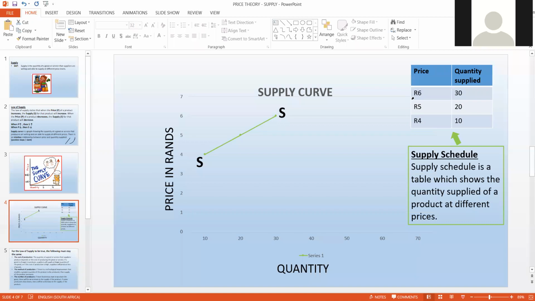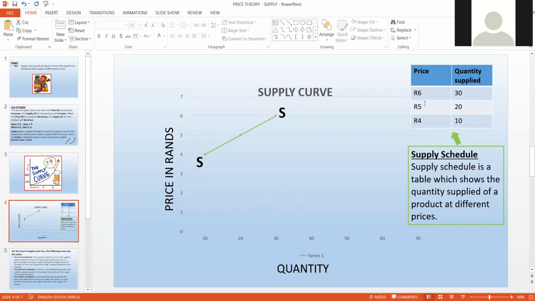If the price is R6, how many will I be willing to supply? 30 of them. So now what do you do? You go up your vertical axis, find the R6 and find the quantity, which is 30. So you go across and up and you plot your point on your graph.